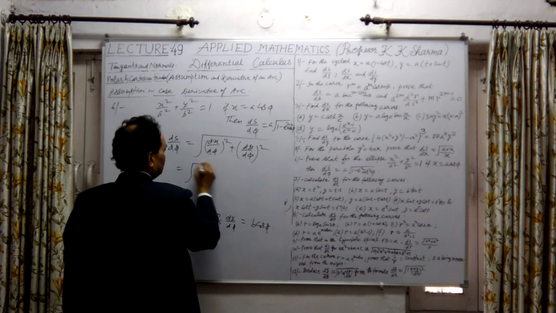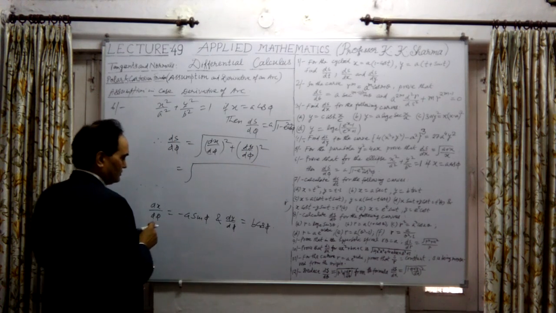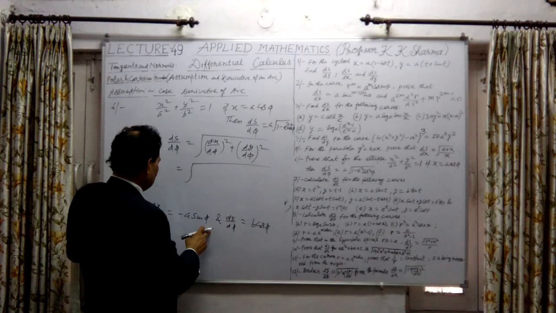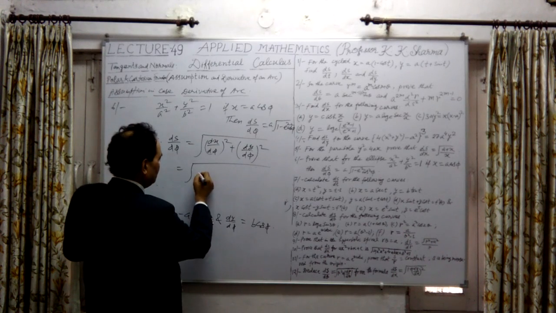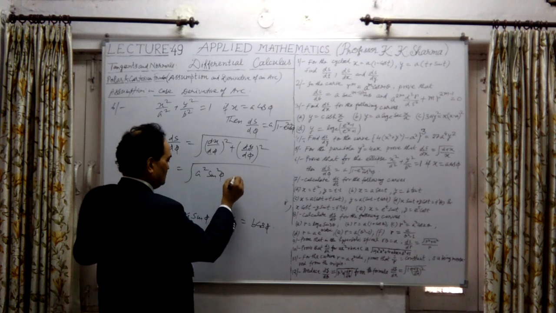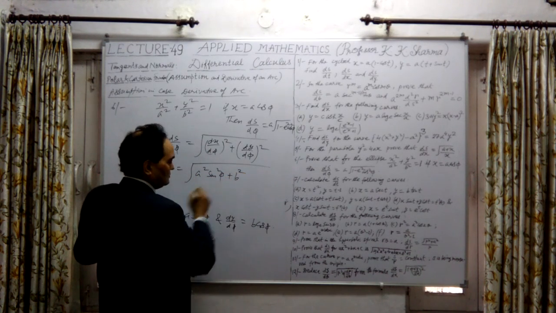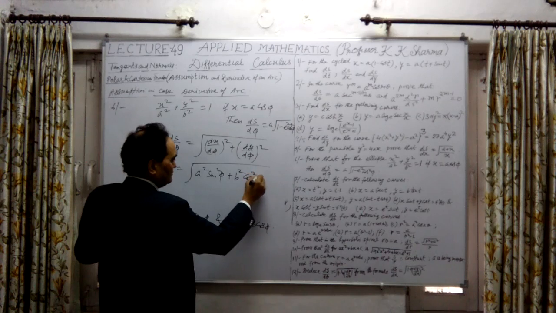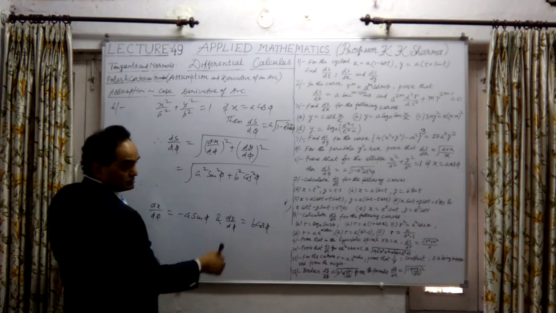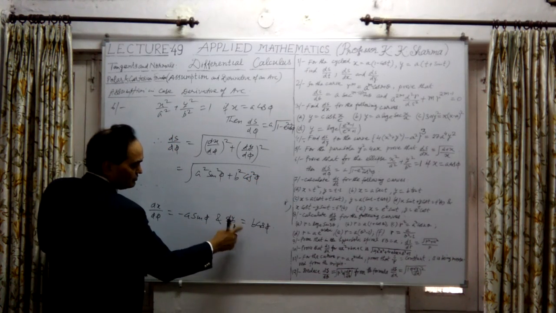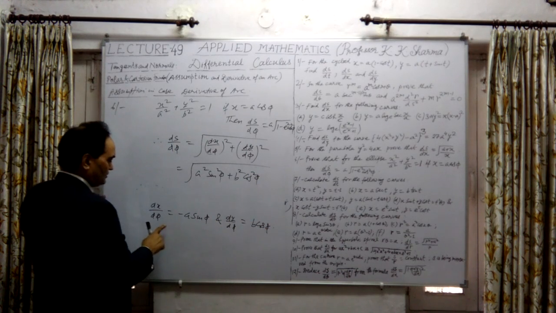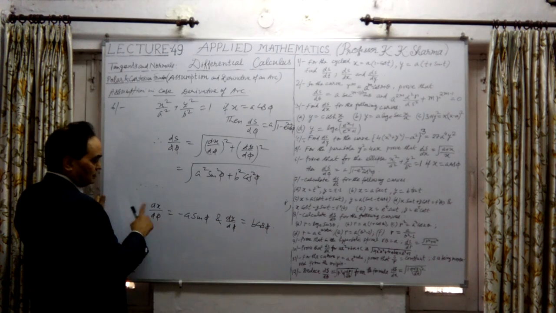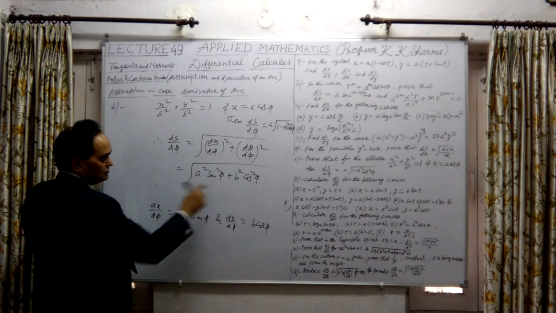Substituting these values, it will give us a square sin square phi plus b square cos square phi, because dy upon d phi whole square means b square cos square phi, and dx upon d phi whole square means a square sin square phi.